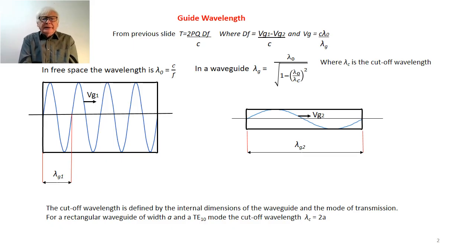Now, in a standard waveguide which has a width of a, the cutoff wavelength lambda c is equal to 2a. Now, this is for a rectangular waveguide and a TE10 mode.